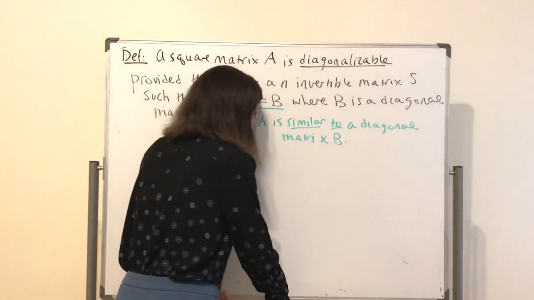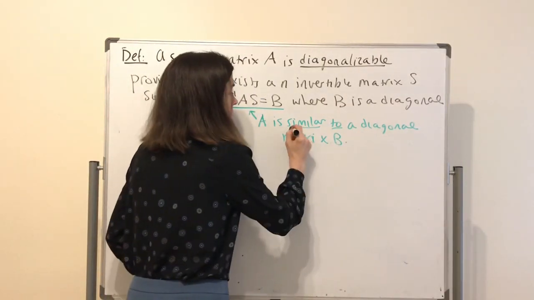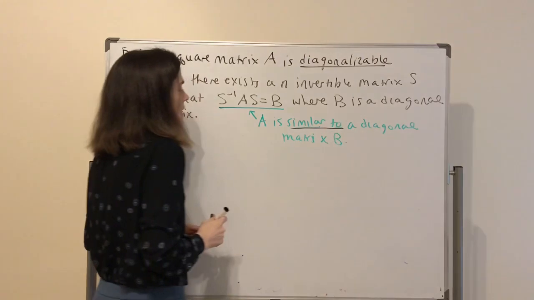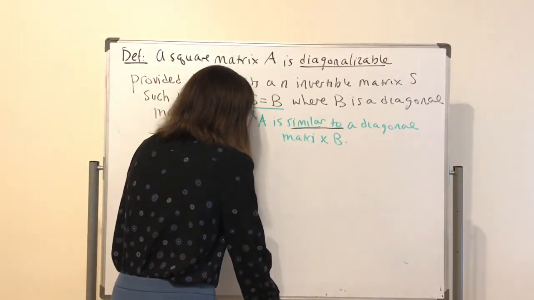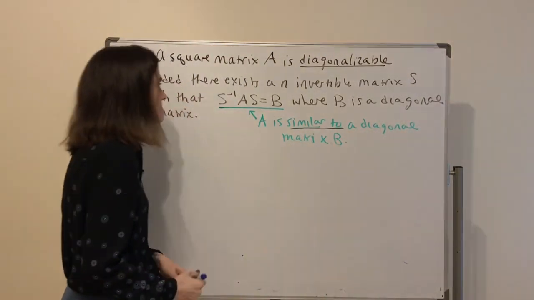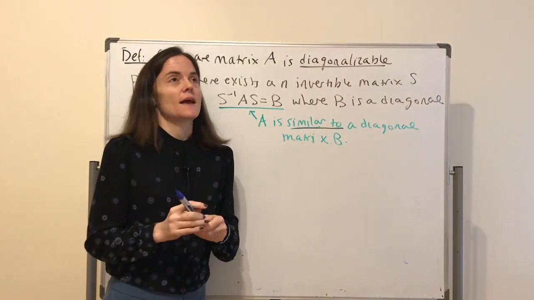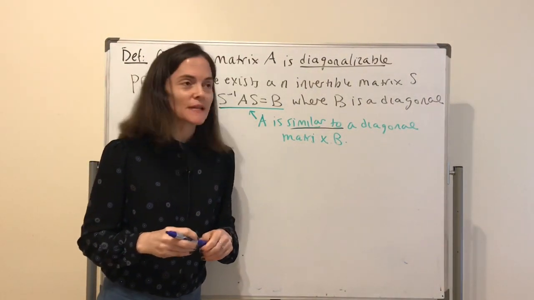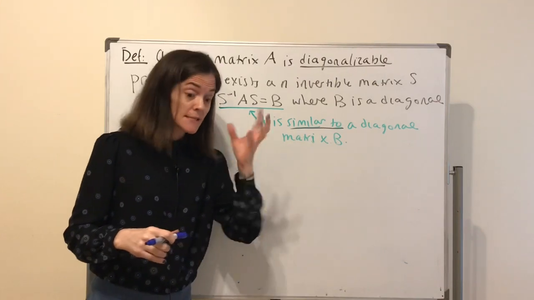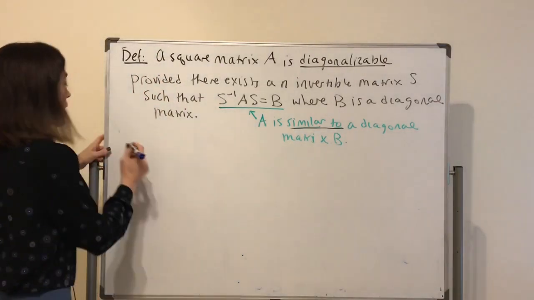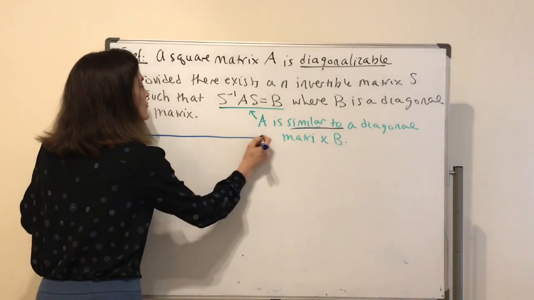That's just another term I wanted to bring up. Well, we want to understand how to do this and when this happens. It's not true that every single matrix is diagonalizable. Some are, some aren't. So let's try to unravel this.